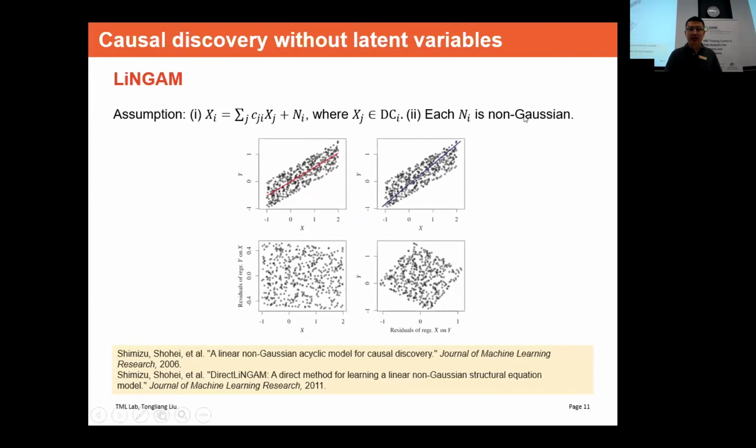For example, suppose we have just two variables, x and y, and we assume that x is a cause of y. Then y can be written as y equals alpha x plus a noise, and this noise is independent of x.